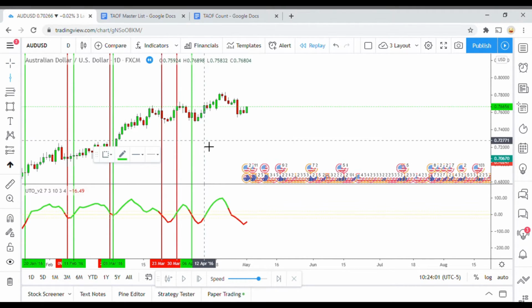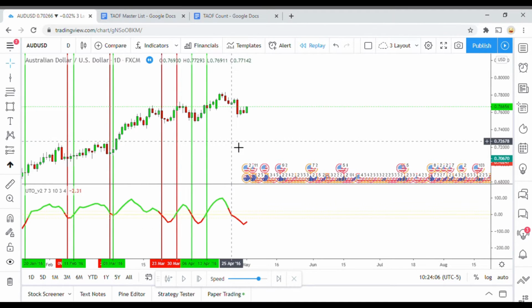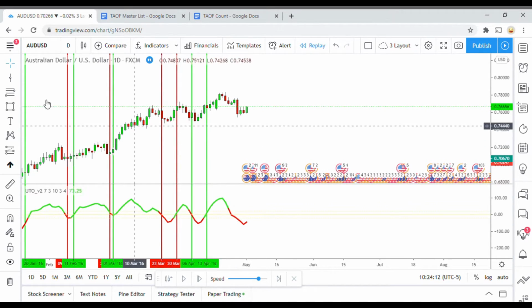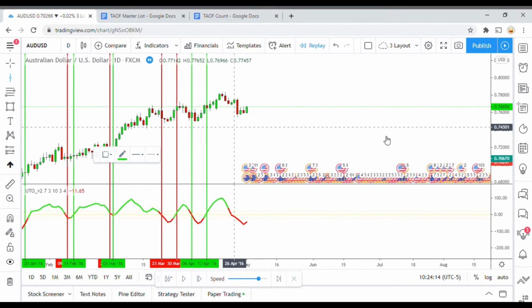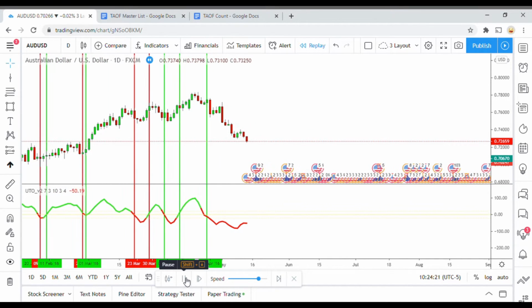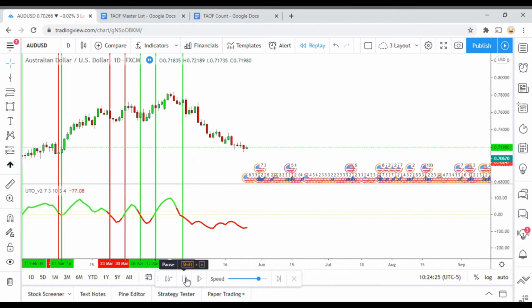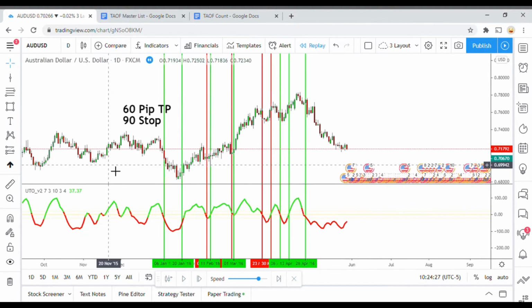Pick up a buy here on that one and a sell. It's actually a really good sell signal right there. Moving along here.